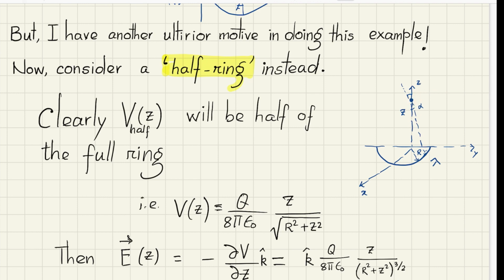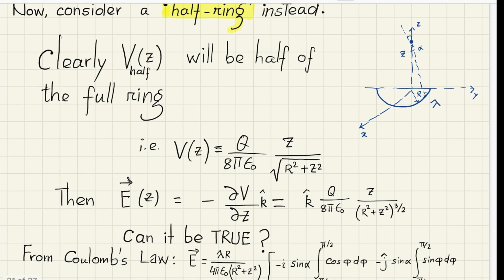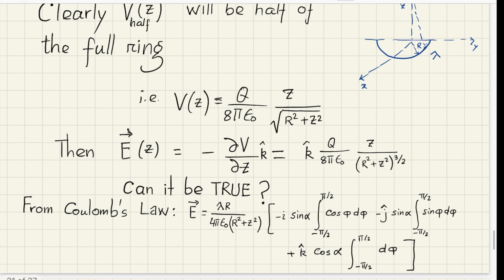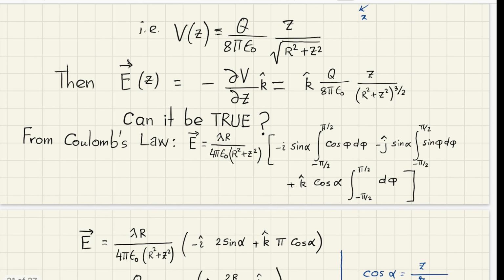Okay, so this is the point that I wanted to illustrate by taking this example. Of course, we can do it from Coulomb's law, exactly the way I did for E cos phi. There will be a sine alpha component, this is the alpha, and then integrate over it, and you'll see that indeed it develops not only a Z component, but also a minus I component.